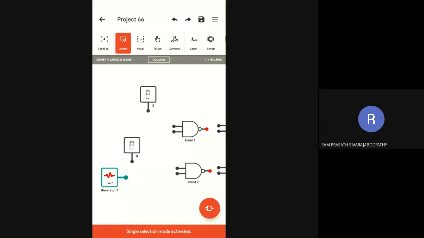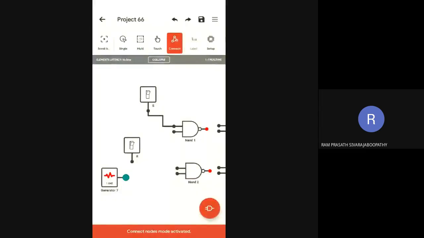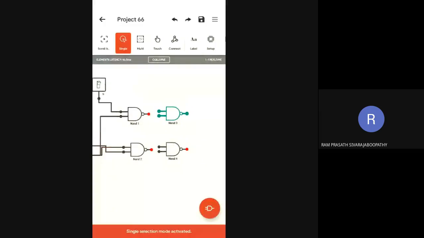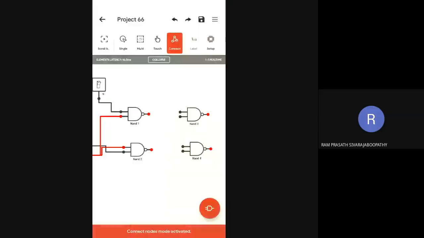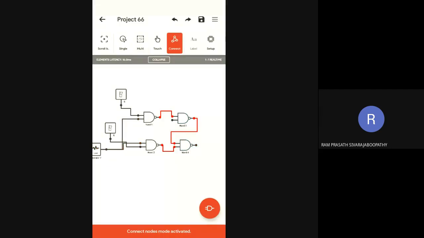Okay, if you take your circuit and look at it, you will know. For the first NAND gate, what are we going to do? S is one of the inputs and the clock is the other input. Similarly, for the second NAND gate, R is one of the inputs and the clock is the other input. Fine. Next stage, see what we are going to do with this NAND gate. We have given it like this. Correct? Up to this I hope everyone understands. Fine. So the output of one of the NAND gates is given as input to the other NAND gate.